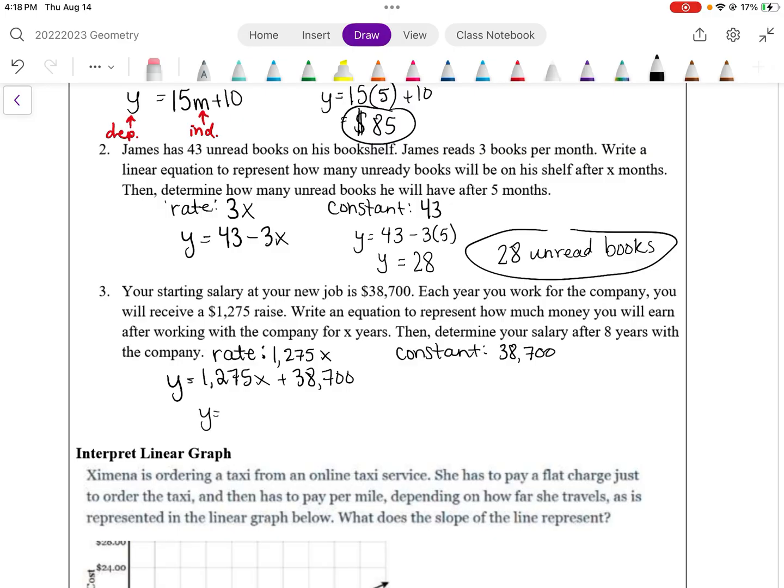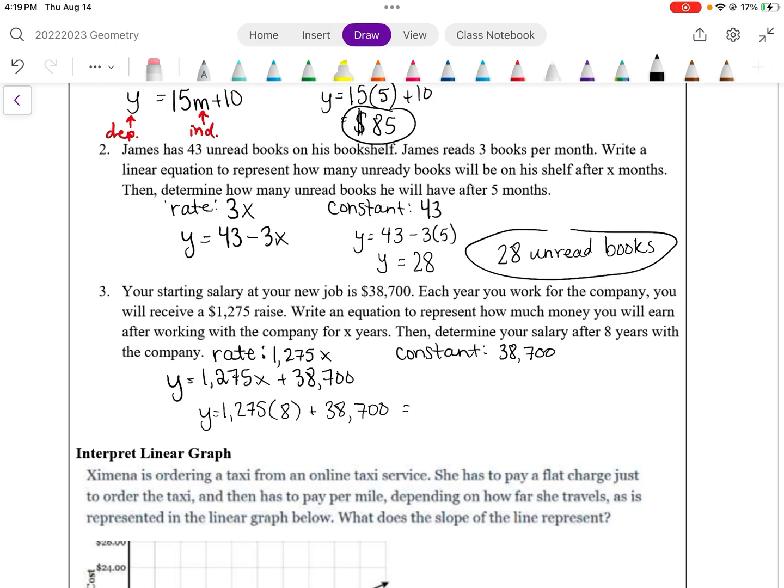Now determine your salary after 8 years with the company. So X was the number of years, so I'm going to plug in 8 for X. So 1,275 times 8 plus 38,700. Okay, so let's figure that out. I'm going to use my calculator for this one.